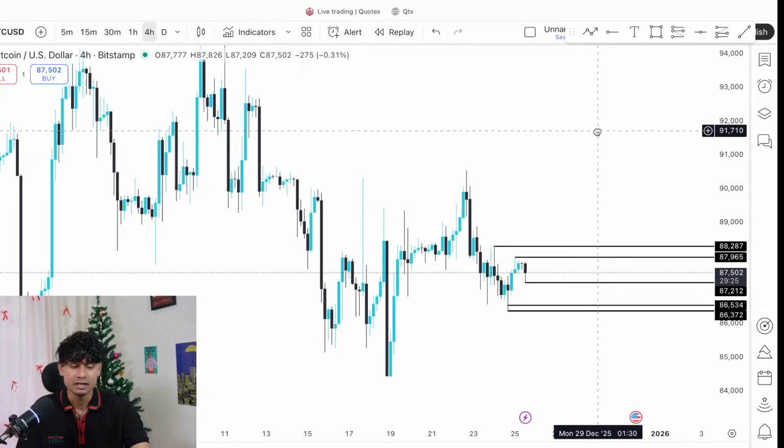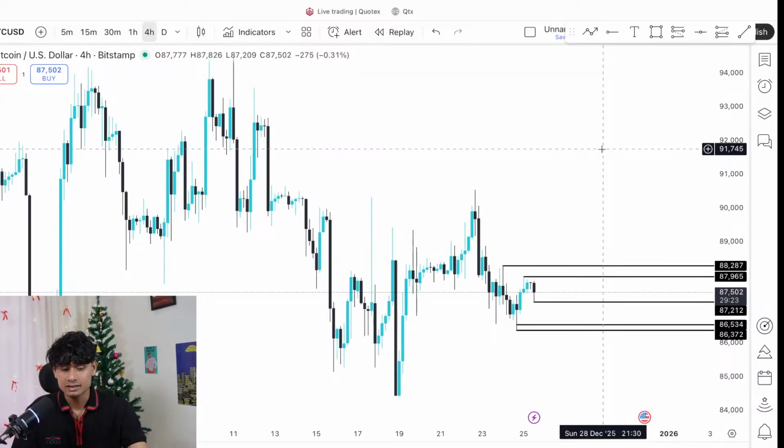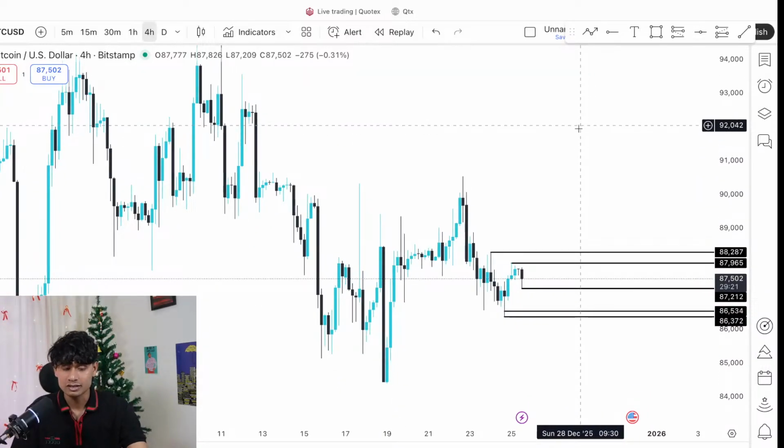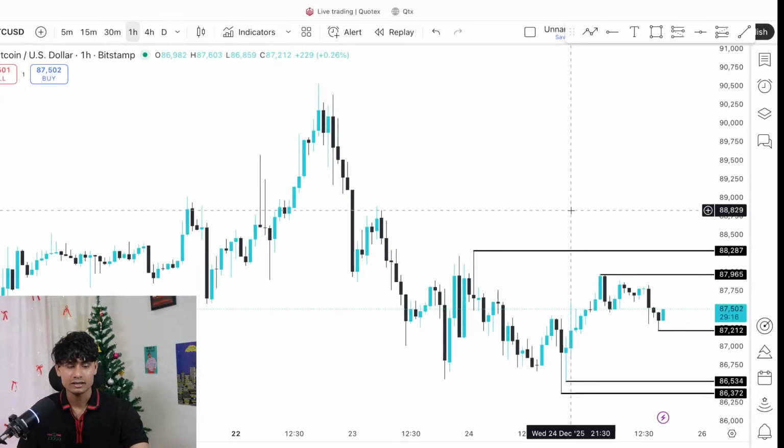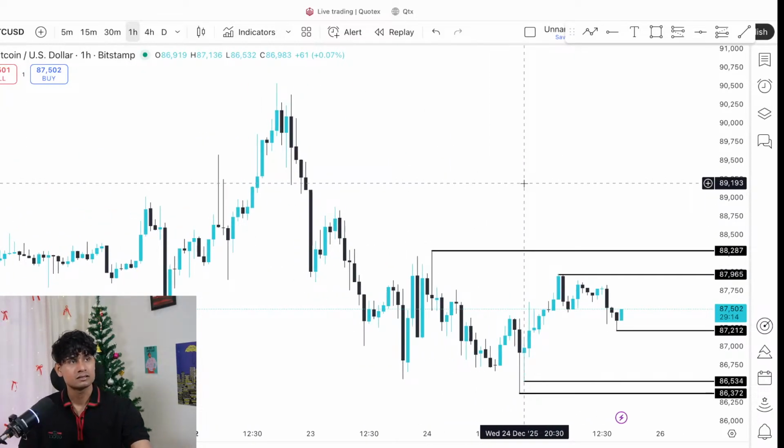On the 4-hour time frame, you see it's a choppy market with no clear levels. It is consolidating overall. You come to the 1-minute time frame and you see good lines.